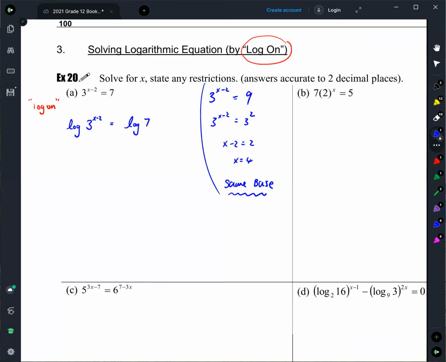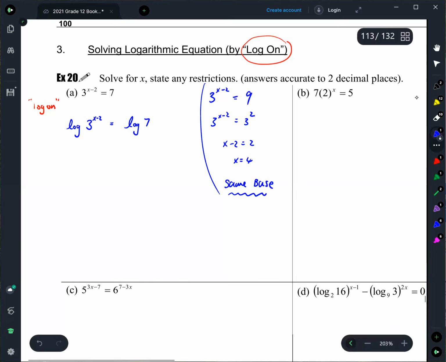Okay, you can use any base, but here we just keep it simple, just a log base of 10. So that's why I don't need to write the 10. Also, because of the calculator, you will need to have a calculator handy, okay, for this one. As you can see, the question says, please answer accurate to 2 decimal places, okay?